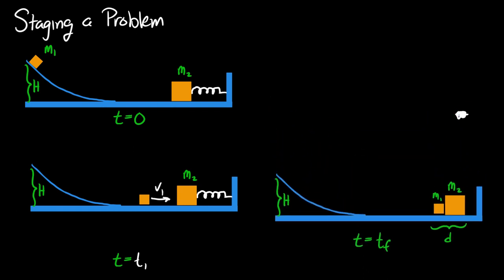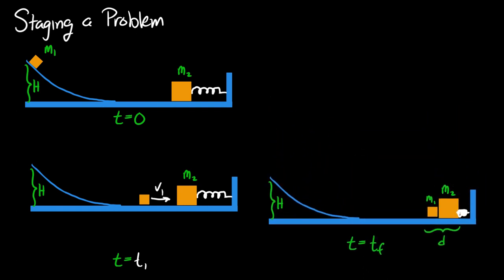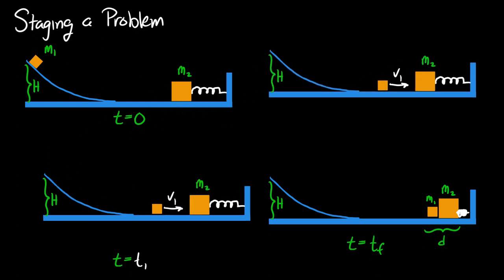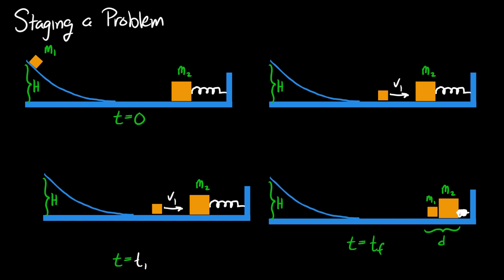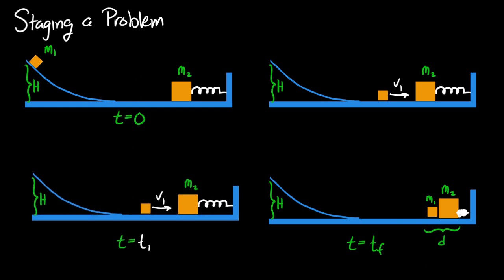Now, they had another intermediate step, and it had to do with the block contacting the larger block that was at rest, suggesting that there is a moment just after contact where there's some V final that occurs.